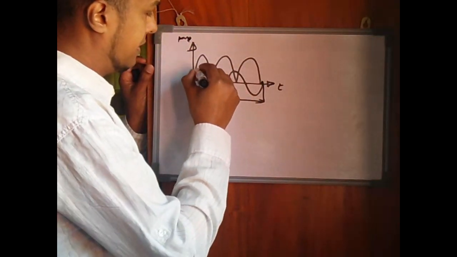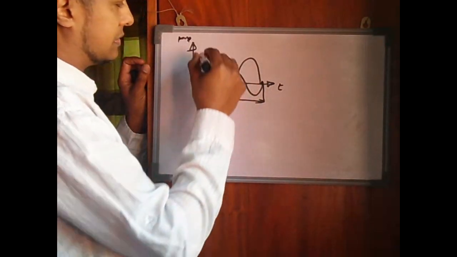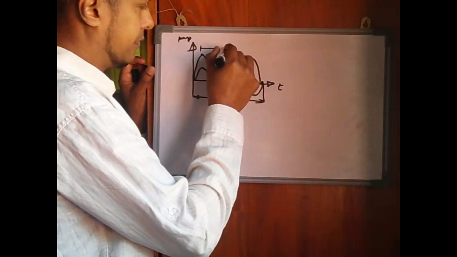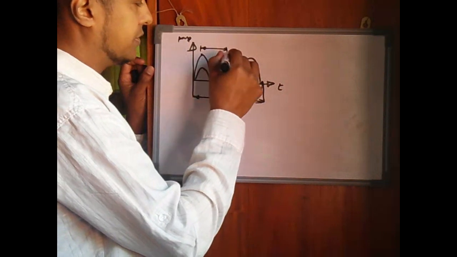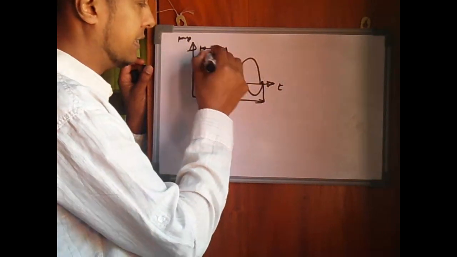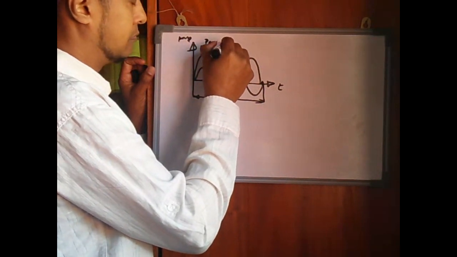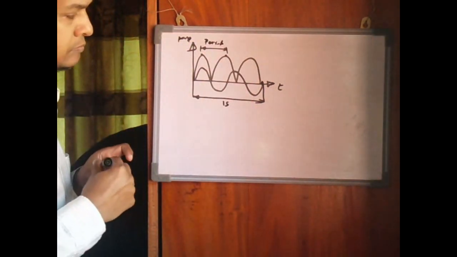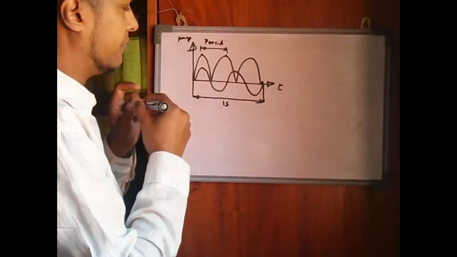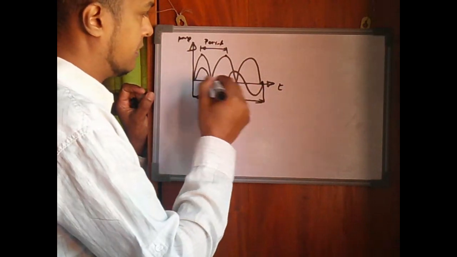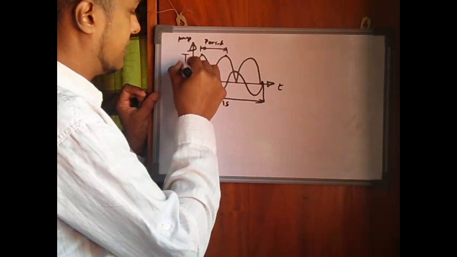In a wave, one same point to the next same point is the period, or the wavelength. And that is the amplitude, that's the height.